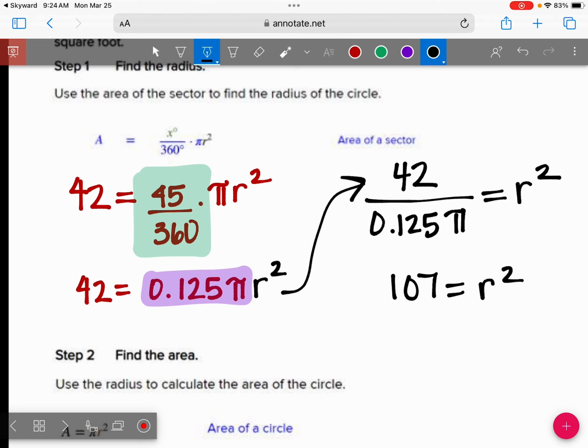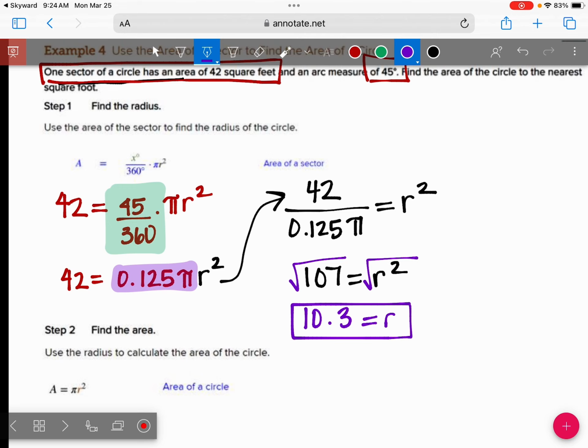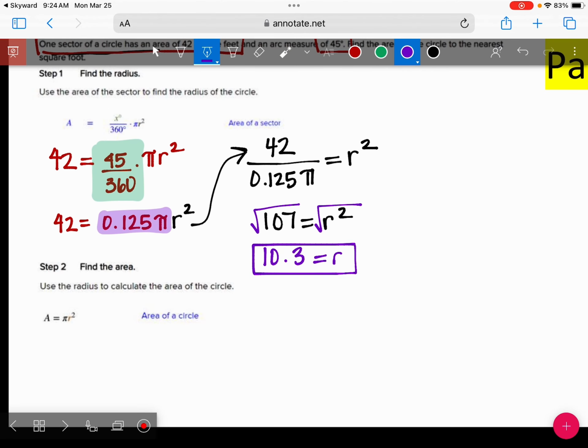equals r squared. So now take the square root of 107. And if you hit the button above, you should get that the radius is about 10.3. That's your radius. And now that you know your radius, you can do the second part, which is finding the area. Area is going to equal pi times the radius squared.